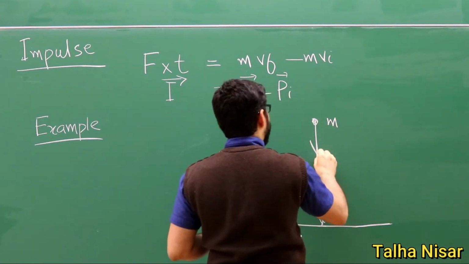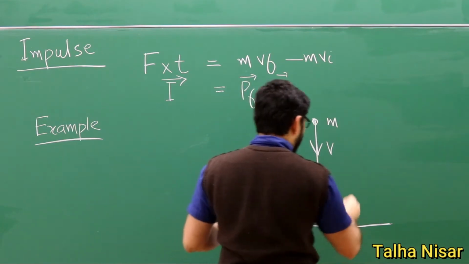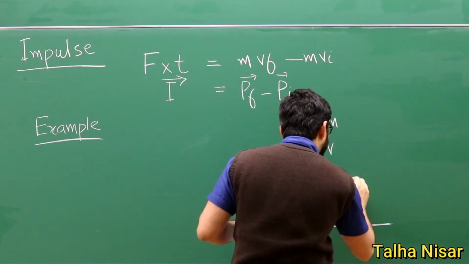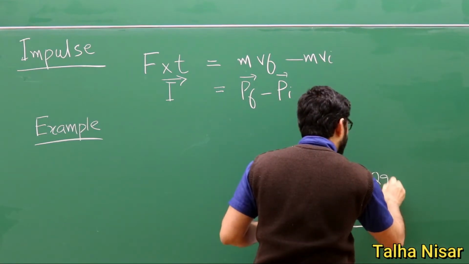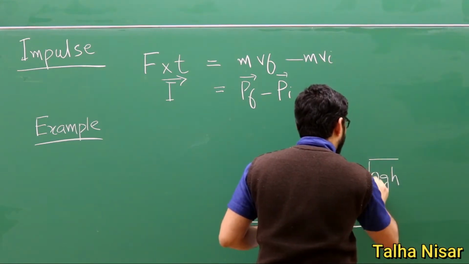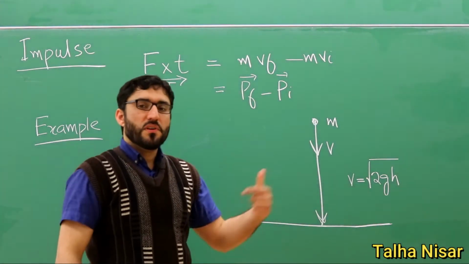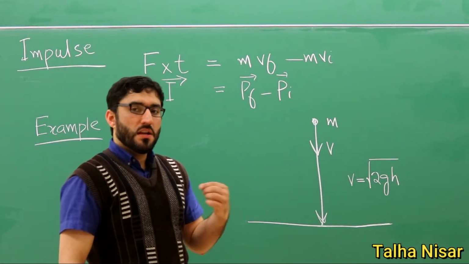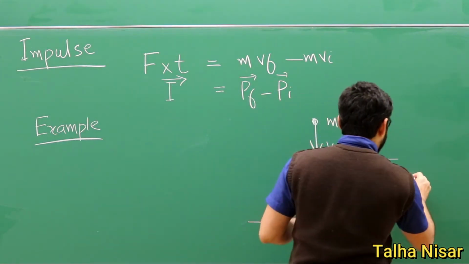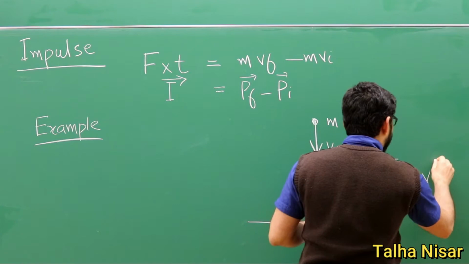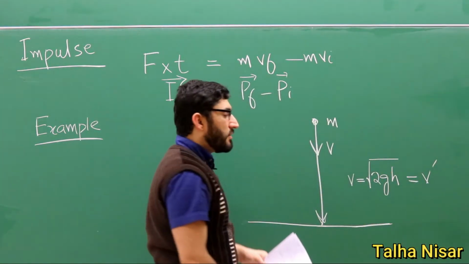So it will have some velocity, which is equal to the square root of 2gh. If you remember, we calculated this velocity in our very first lecture when we were talking about the dimensions. And this will be equal to the velocity when it hits the ground. So this is an example of a collision.